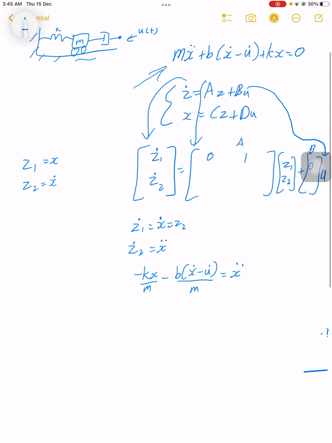So now z2 dot is equal to negative kx over m minus b x dot over m plus b u dot over m.